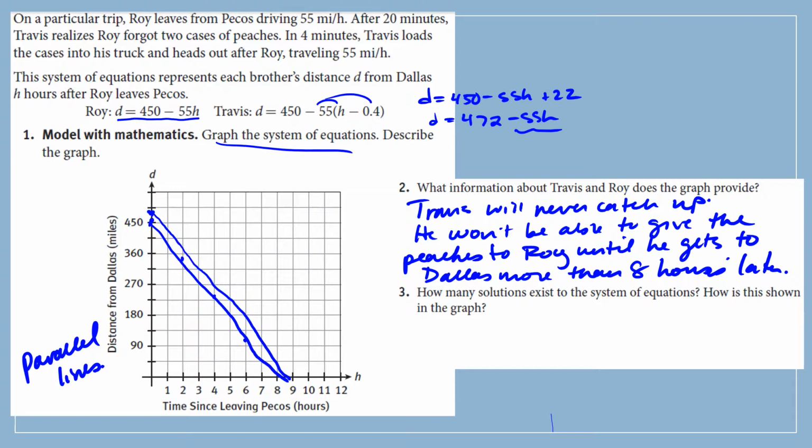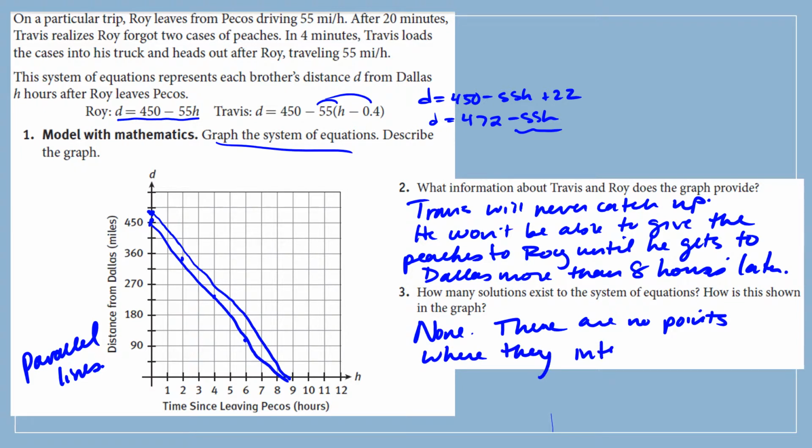How many solutions exist to the system? None. There are no points where they intersect. So these guys are never going to meet up on that trip, not until they get all the way to Dallas.